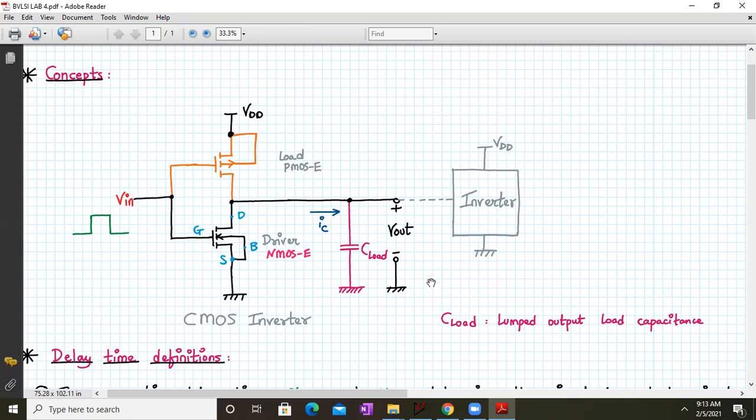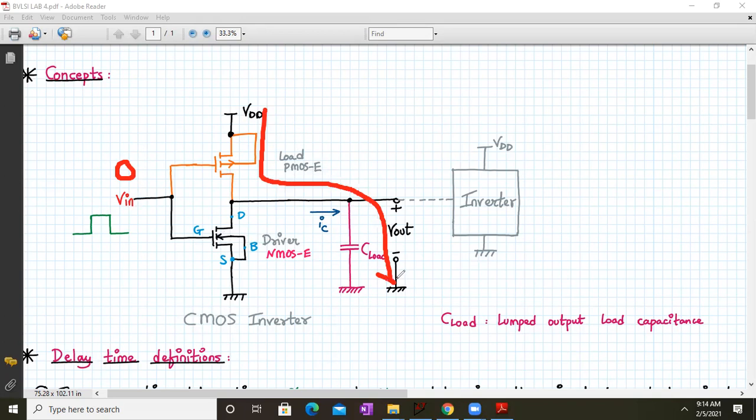Okay, let me show that via annotations. Let me pick up a line. Whenever the input is 0, the NMOS will be off and the PMOS will be on. So your charging path will be like this.